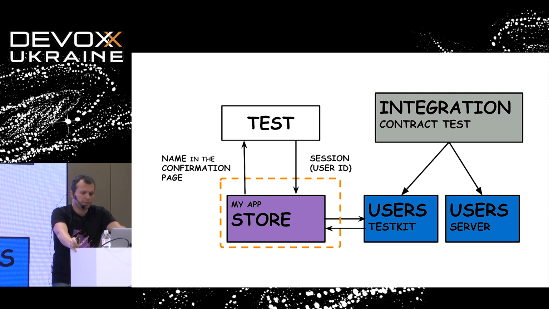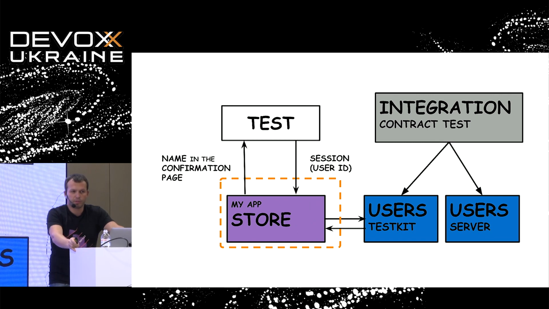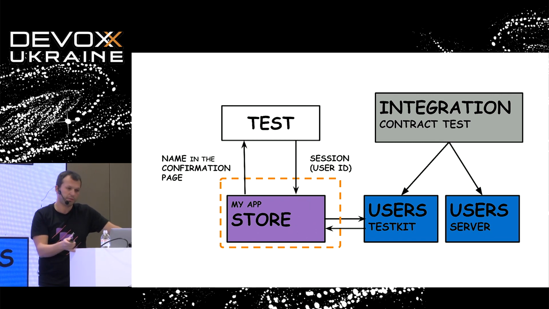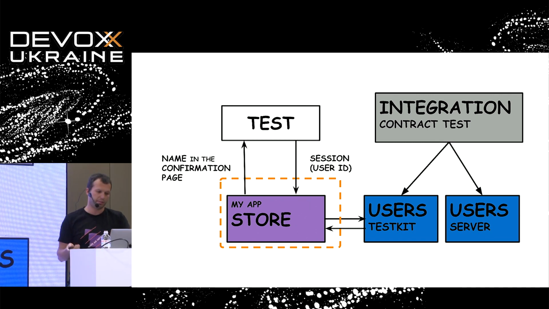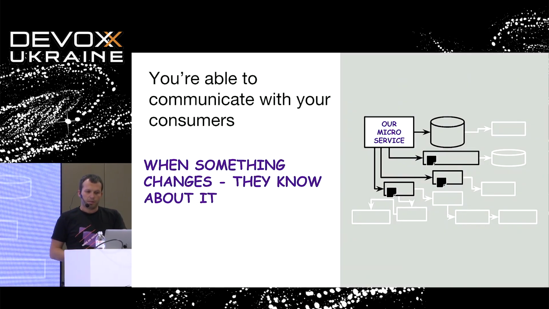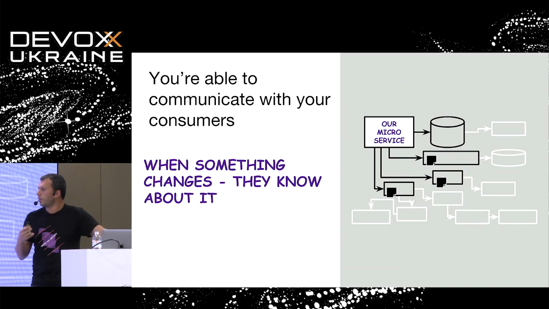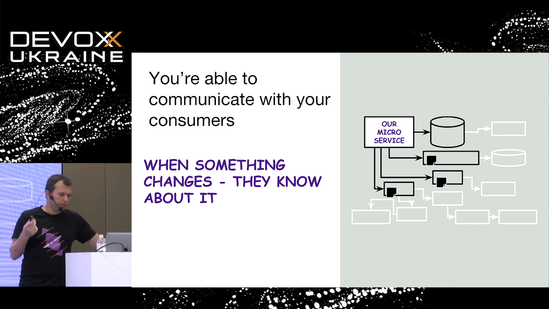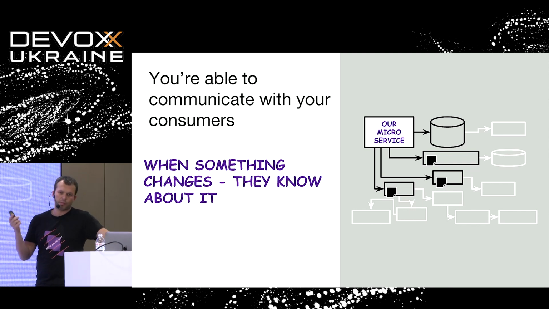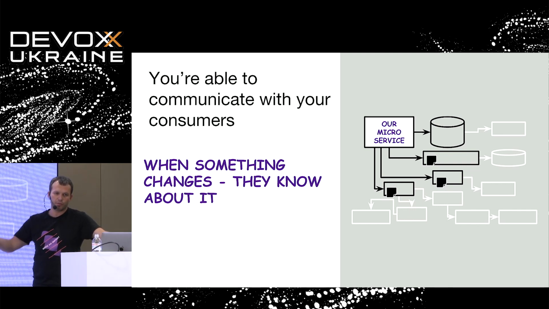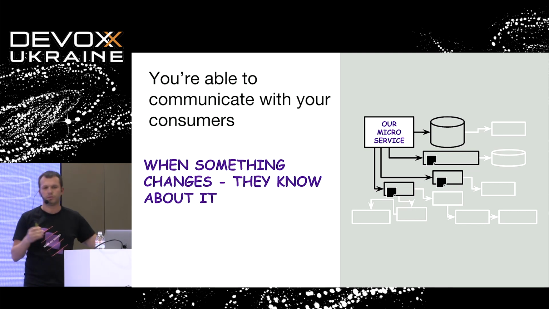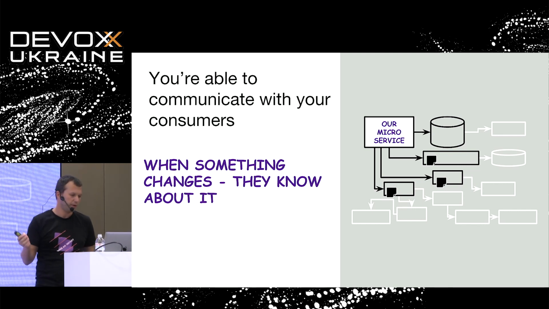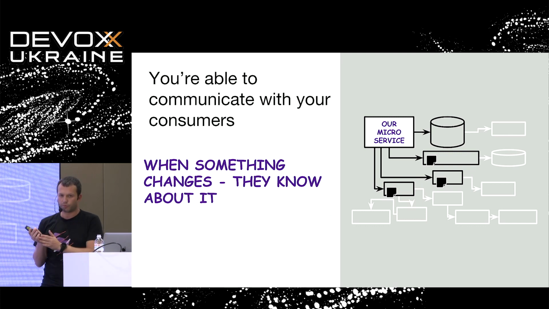Now, another advantage of test kits, which is not really related to tests, but if you do it, you gain this advantage: you have a way to communicate with your customers. So now if you change your code, for example, you have some server, and you change a validation rule.